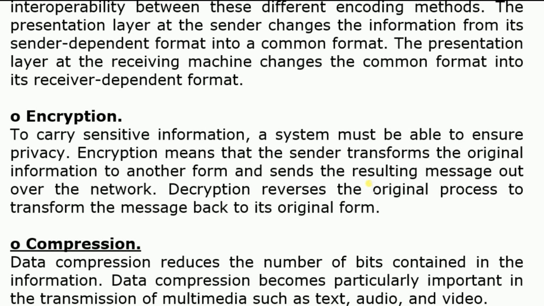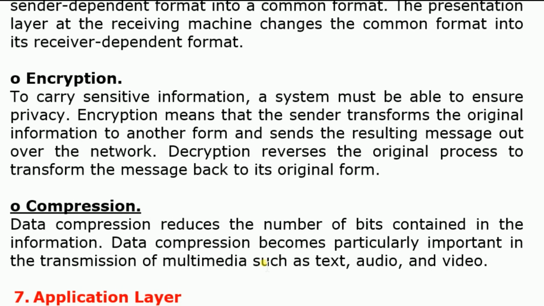Encryption converts the data into another format when sending, and decryption turns it back, that means converts it back to the original format. But here we have to remember one thing: for encryption and decryption, both systems must have the same type of format. Then only can we do the transmission.